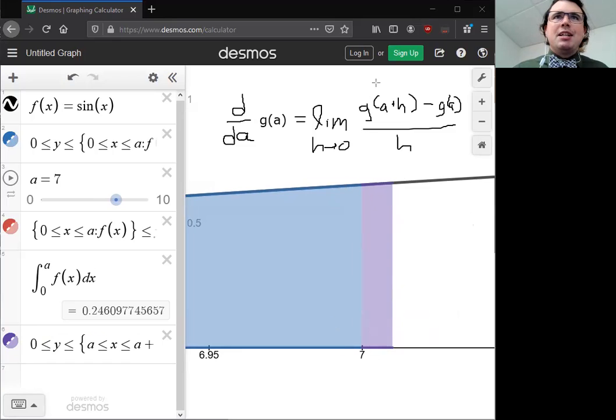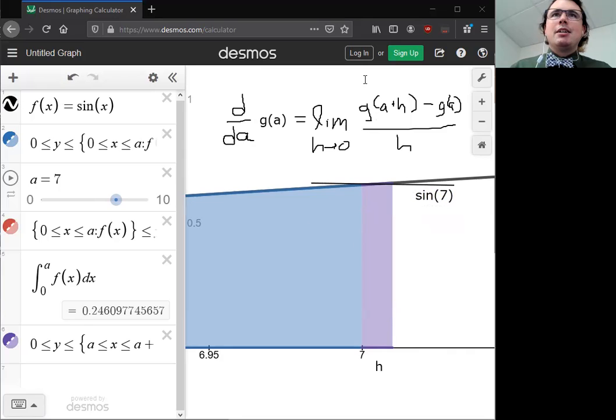This purple region is going to be, well, I've got a width here. The width is h, and my height here depends on the function I am integrating. So this height here comes from the sine function, evaluated at 7. The width here is h.